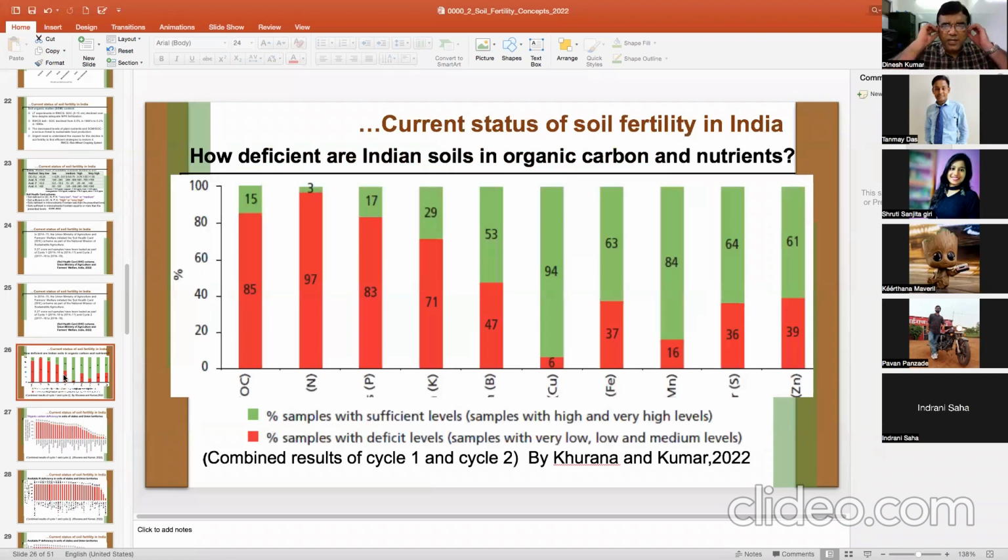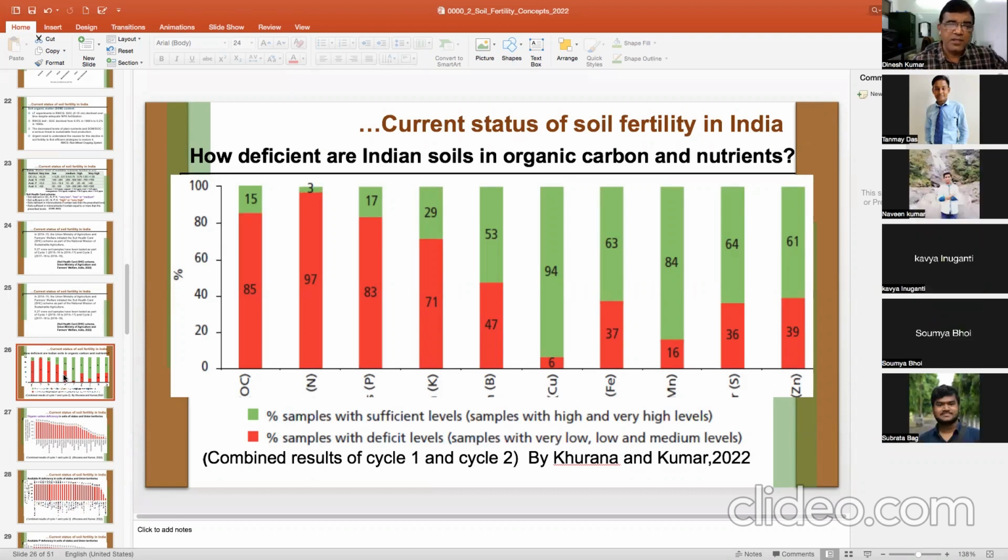All right, now you see the results. They have combined the results of cycle 1 and cycle 2. This is the report by Khurana and Kumar 2022. You can see the current status of soil organic carbon in Indian soil. You would be shocked to see that organic carbon was deficient in 85% of samples of India.